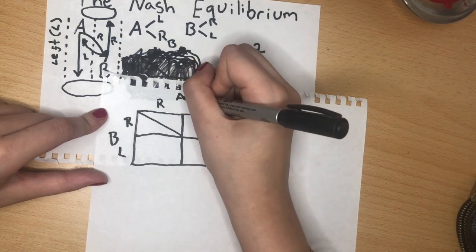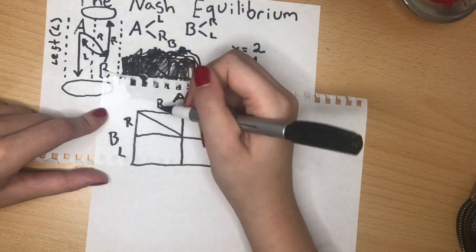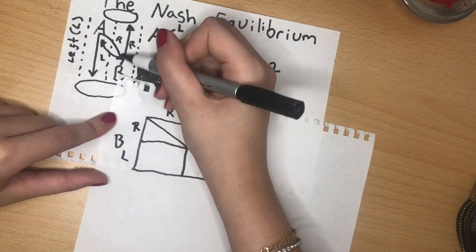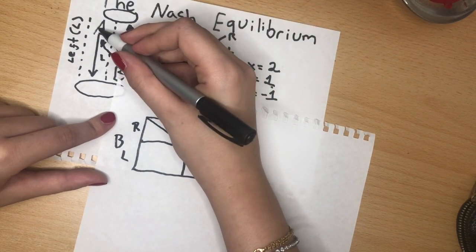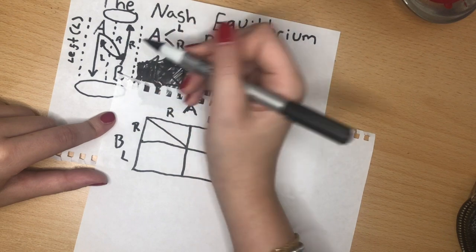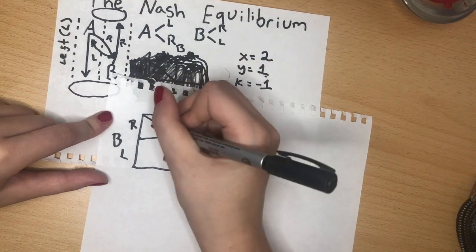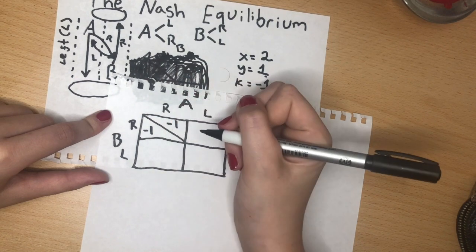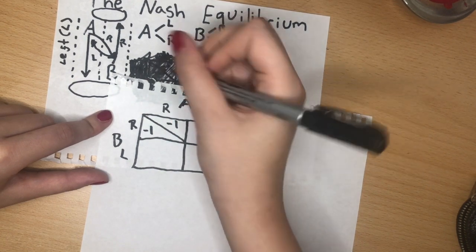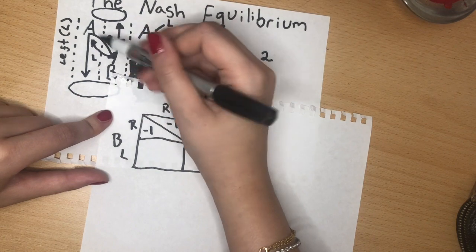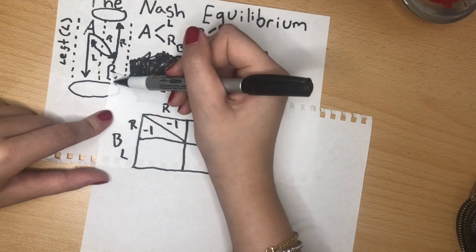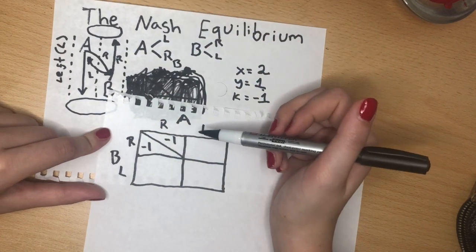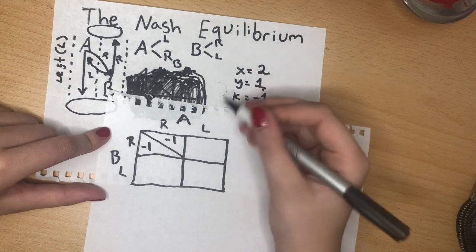So, let's see, the first scenario is if B keeps to the right, but A turns to the right, they bump into each other. So the numerical result is -1 and -1, because nobody wins. Because A changed their initial strategy and moved, and now they bumped into each other, and it's awkward, so -1.